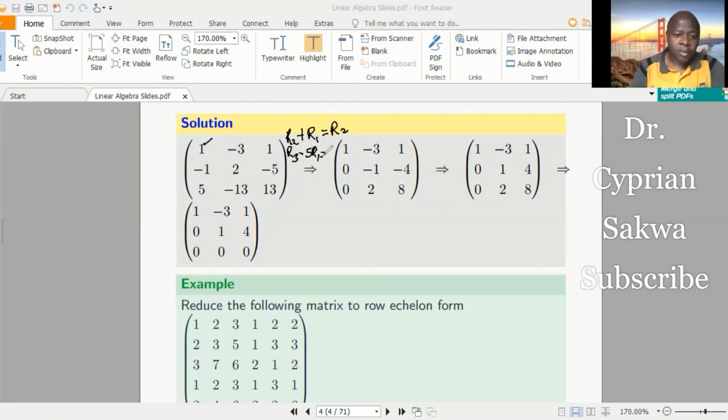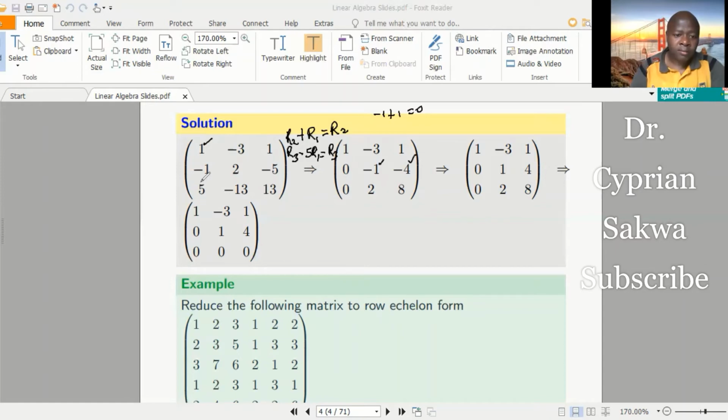So this will give me the new row 3. So let me take row 2, this position plus that. So -1 plus 1 gives me 0 in this position. And then -3 plus 2 gives me -1. And then 1 plus -5 gives me -4.